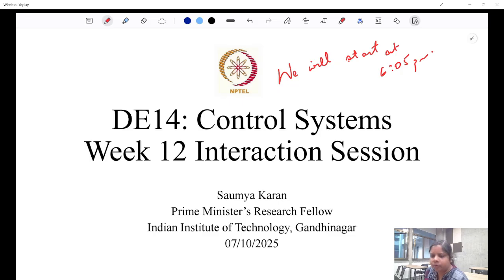Yesterday, when we were doing the 11th week, we saw a number of questions on Nyquist stability criterion. Before that, we understood how we make Nyquist plots, and then we understood the mapping theorem and how this Nyquist stability criterion is used to define the stability of the system.